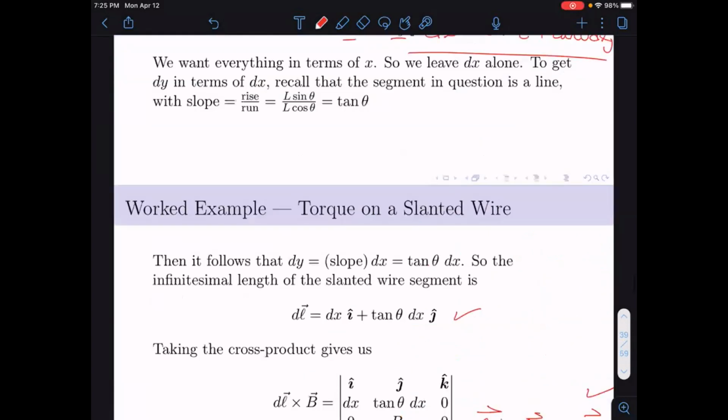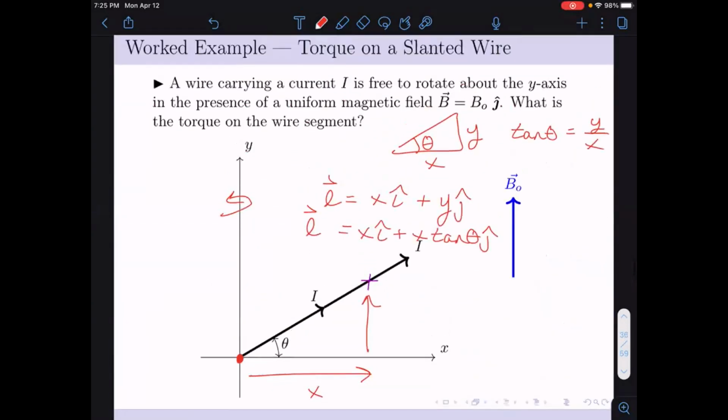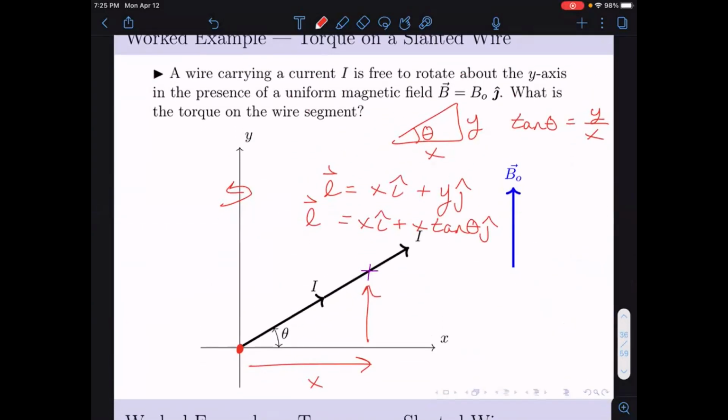In this problem, if I want to find the torque about the y-axis, then my R vector has to start wherever my axis of rotation is, in this case the y-axis, and point to any point along my wire. So again, it's entirely different from the R vectors we might be used to in this class. It's just a different definition, but they're still vectors.